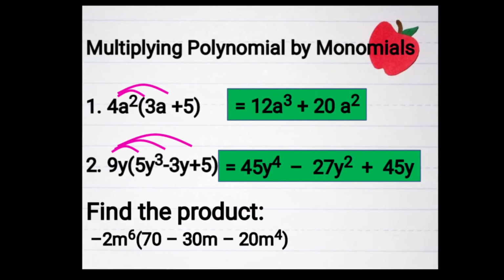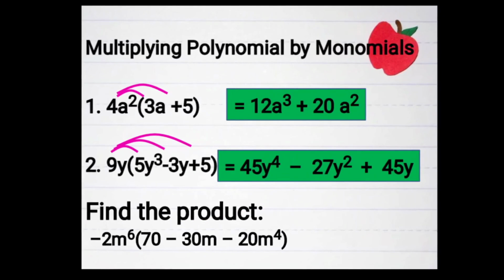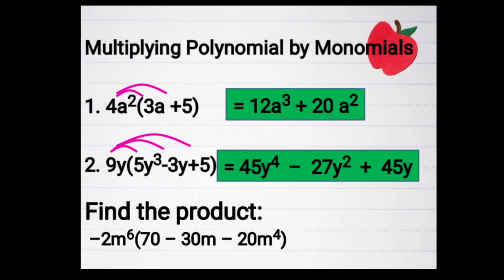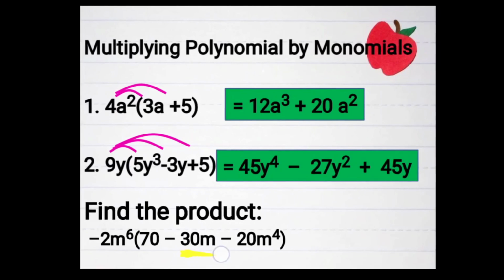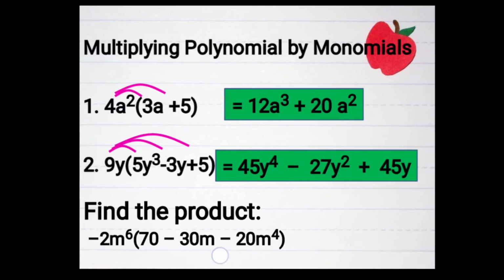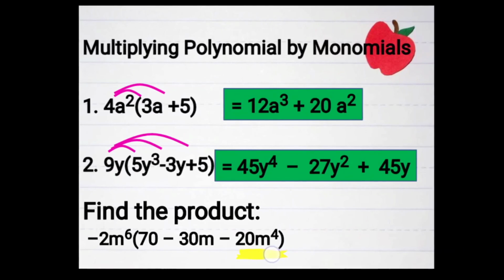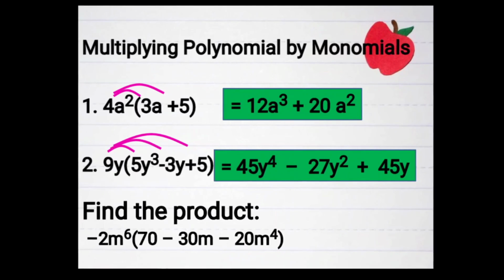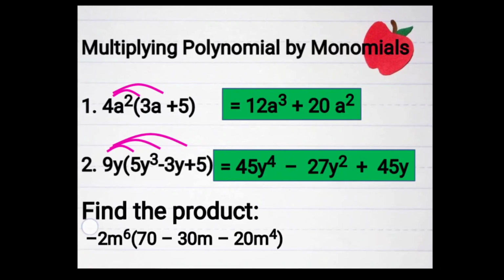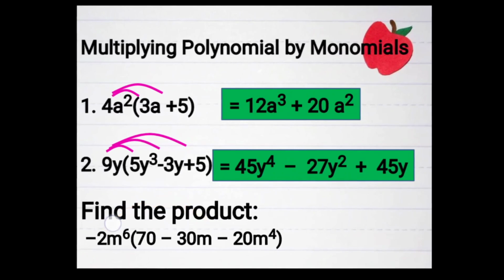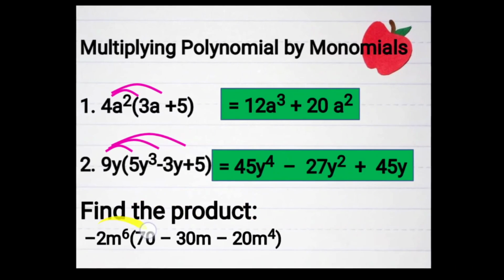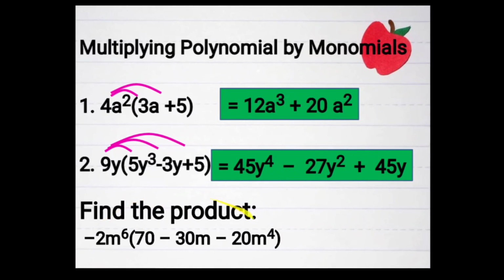Okay, so let's find the product of this. Negative 2m to the sixth power times 70 minus 30m minus 20m to the fourth power. Again, same process. You have to distribute the monomial. Multiply, multiply, multiply.